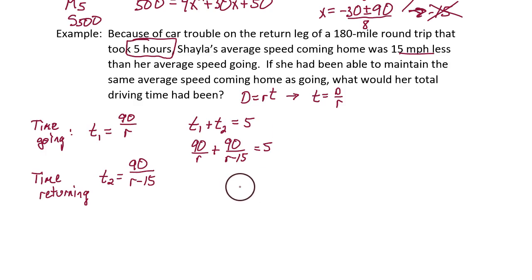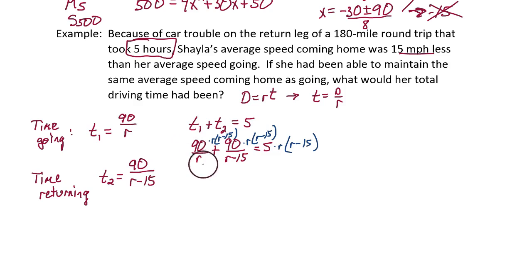At this point, we recognize an equation of the type that we've solved this year. It has fractions. We need to multiply by the lowest common denominator. So in the first one, we will multiply by R times R minus 15. The same for the second fraction, and the same over here.